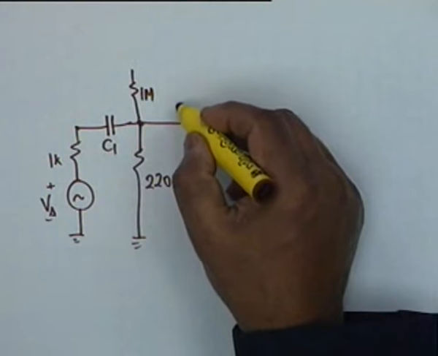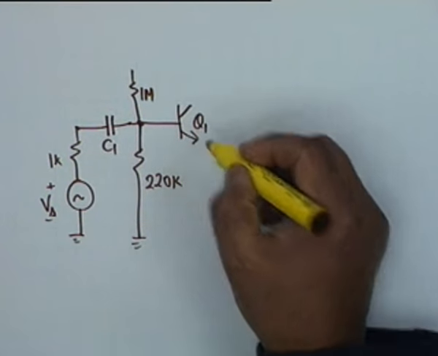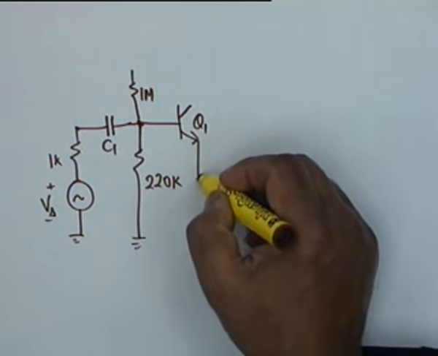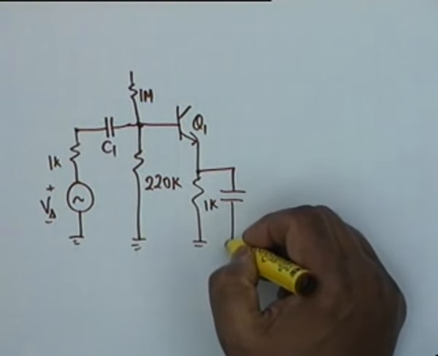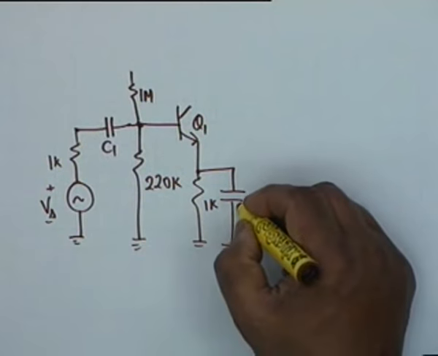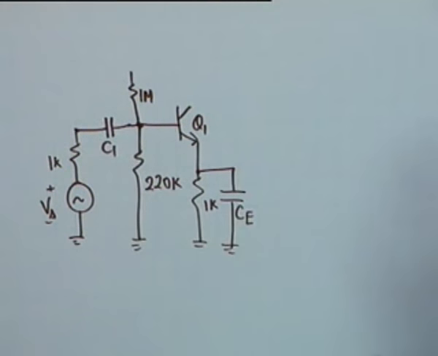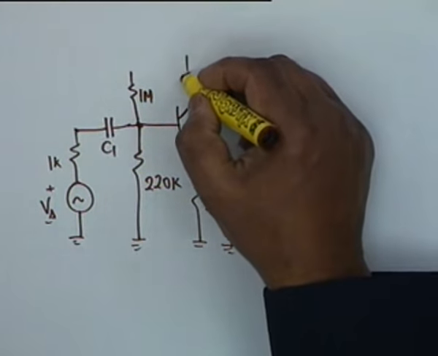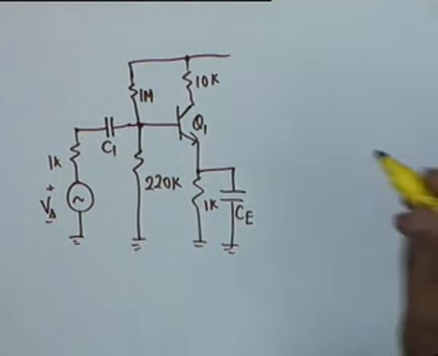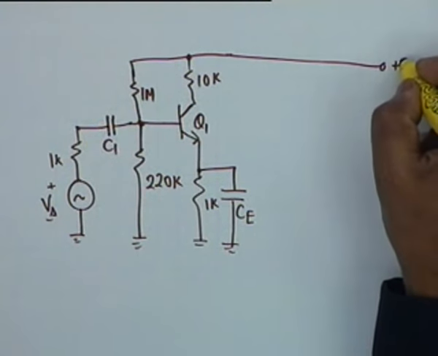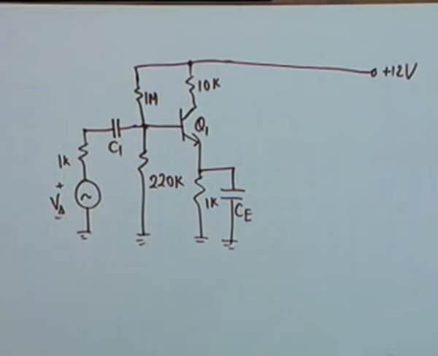This goes to the base of the first stage, Q1, and the first stage has an emitter resistance of 1K, which is bypassed, CE, this is C1, and the load of the first stage is 10K. Okay, this is taken to a plus 12 volt battery.